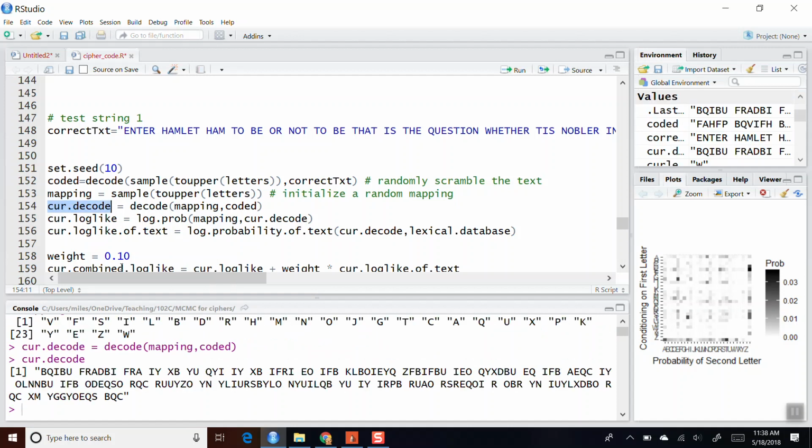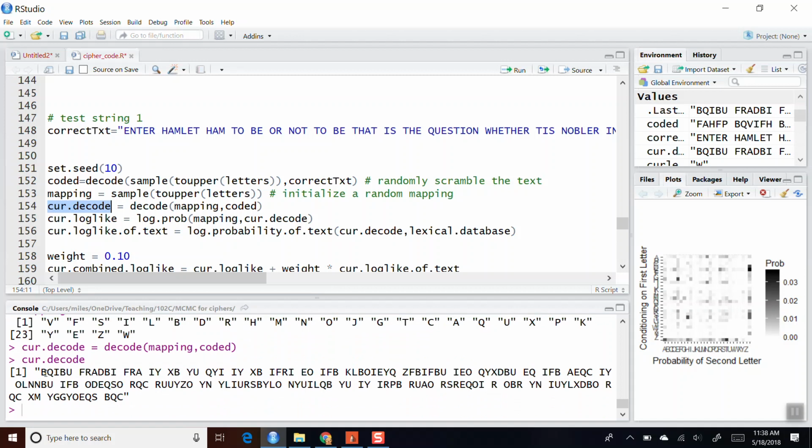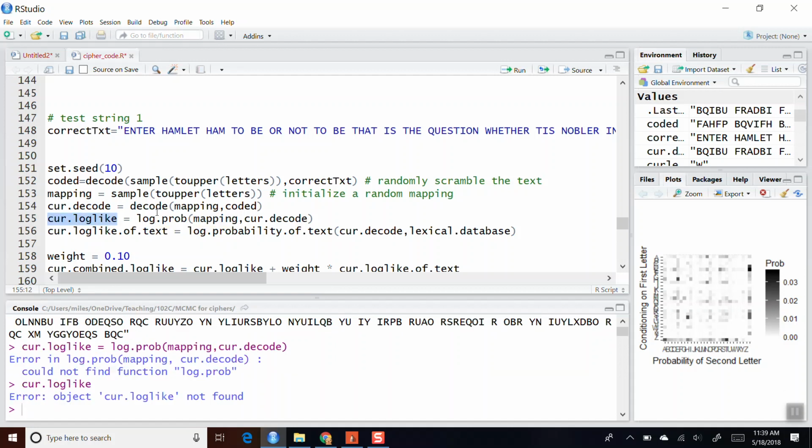What does this look like? We've mapped B to the letter F, and if we decode that, this is our translation, and it's also gibberish. "Bukibu, fradbi, frad," this is no good. Let's just see what score this gets.